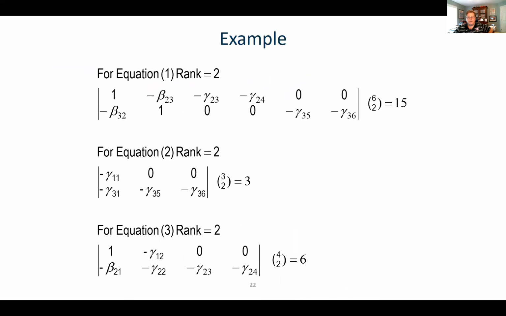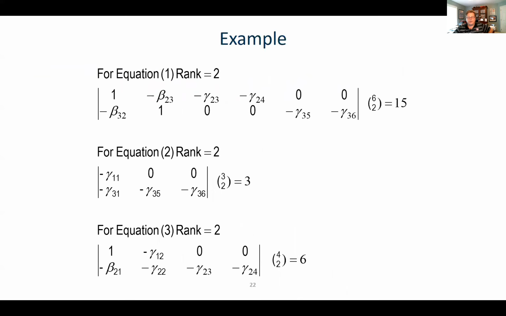And for the third, we have 6 possibilities. So there's a lot of work, and that's just for 3 equations. Suppose the number of equations is much larger than 3, well then it becomes much more difficult to come up with conditions to ensure the rank conditions.